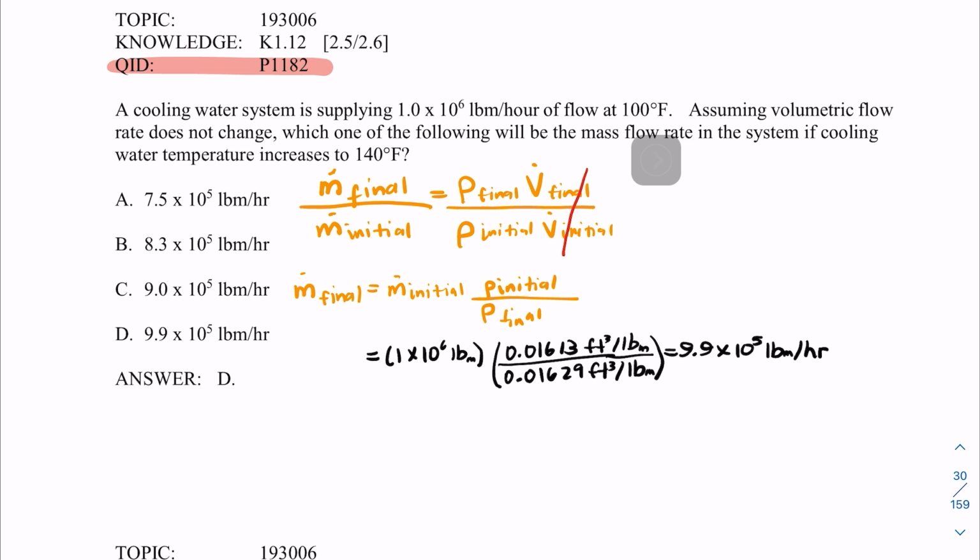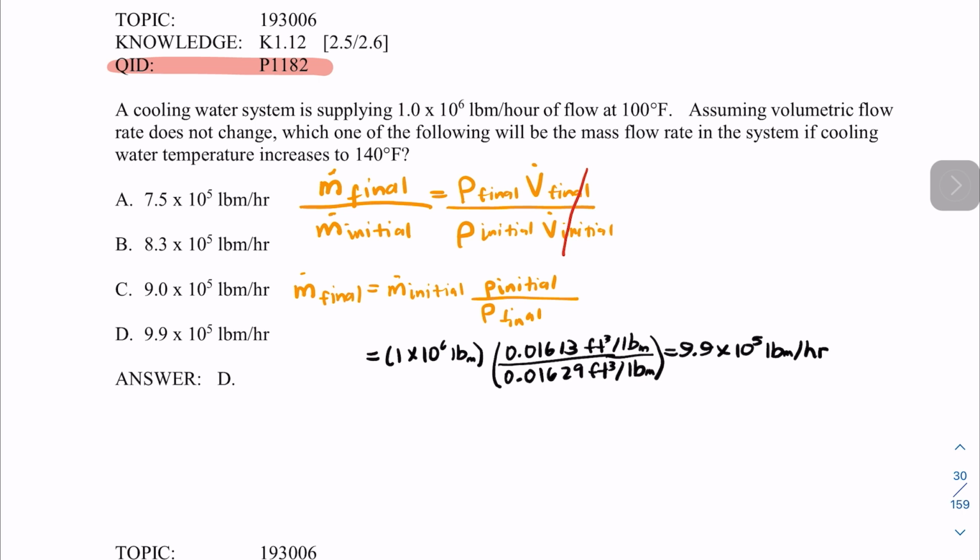82. And in this question, we're going to just take a look at the same relationship that we've been looking at. Mass flow rate is equal to density and volumetric flow rate. This is just trying to do a substitution here. So let's read this.